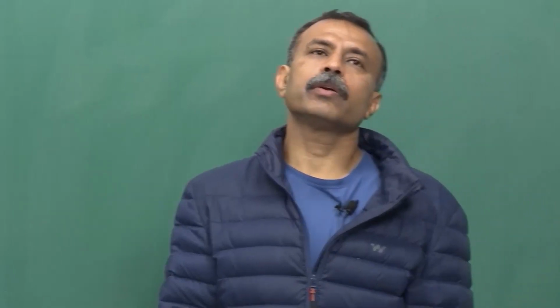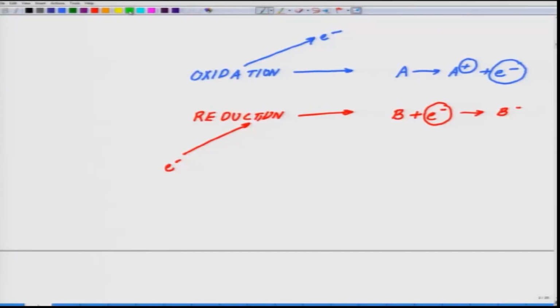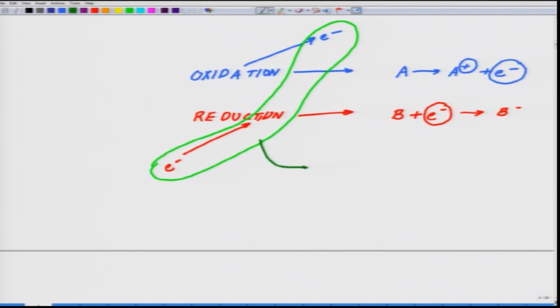So, when we talk about a situation where you are donating or accepting an electron, this clearly boils down to a flow of charges.